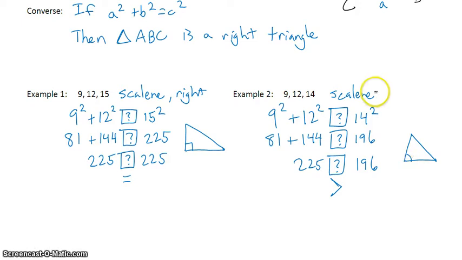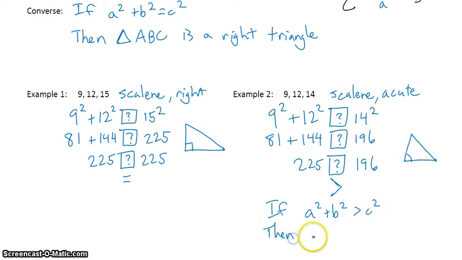It's got to be an acute angle. So when the hypotenuse is smaller, we get an acute angle. If we write it as a theorem, if a squared plus b squared is greater than c squared, then we have an acute triangle.